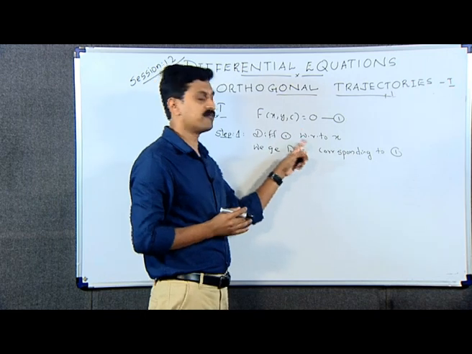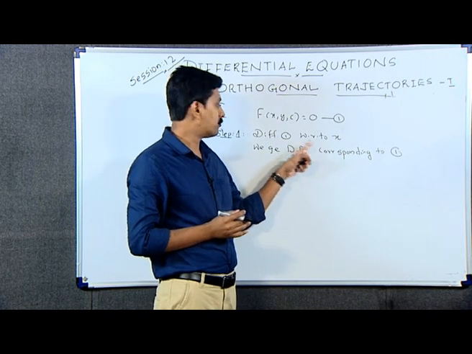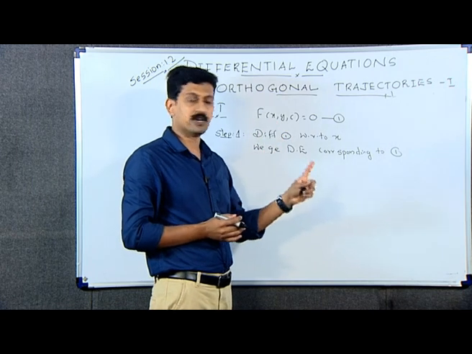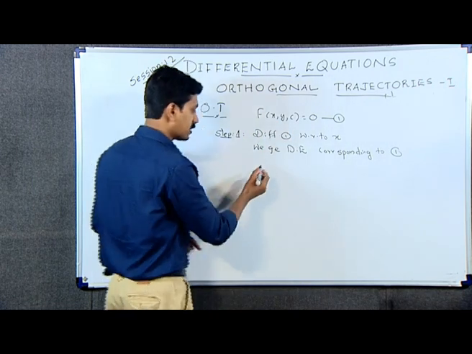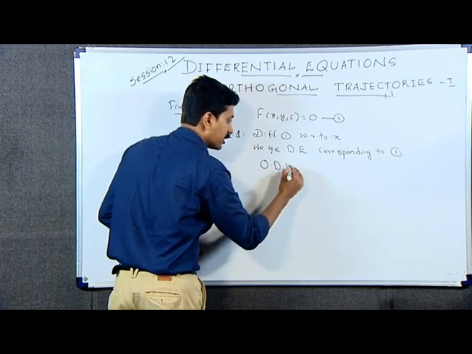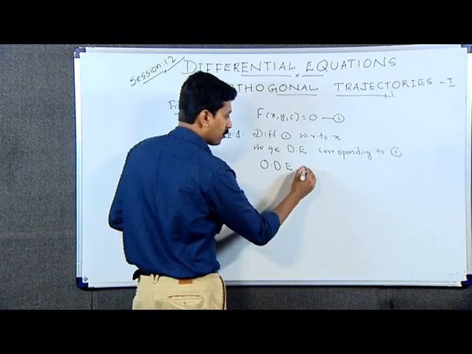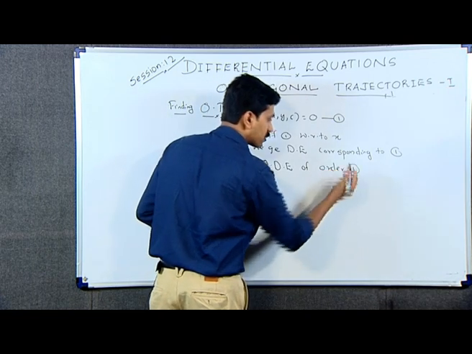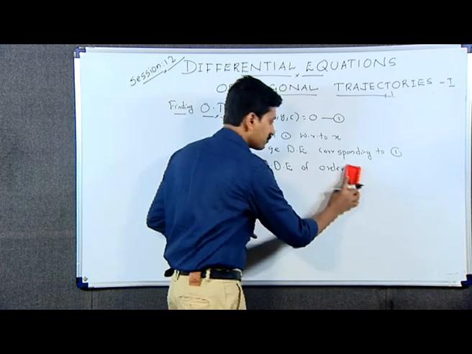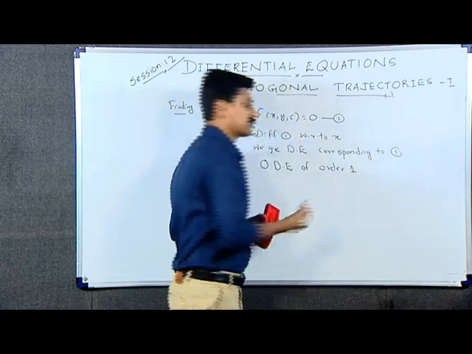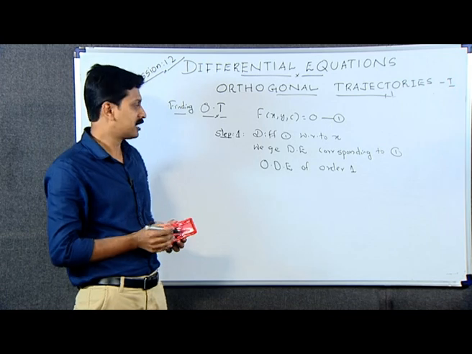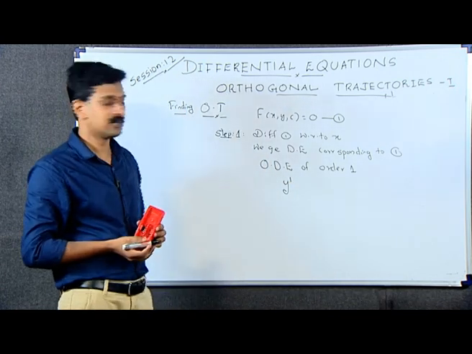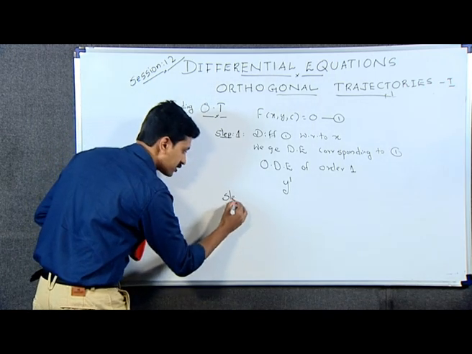After finding the differential equation corresponding to 1, since we are differentiating only once, it should be an ODE, an ordinary differential equation of order 1. That means we will have a first order differential equation. That is why definitely there exists a term y dash. Now, we will move to our step 2.